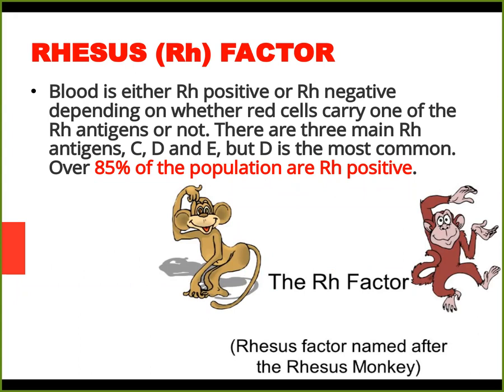But for rhesus factor, improper transfusion is slightly changed compared to problems with blood groups AB.